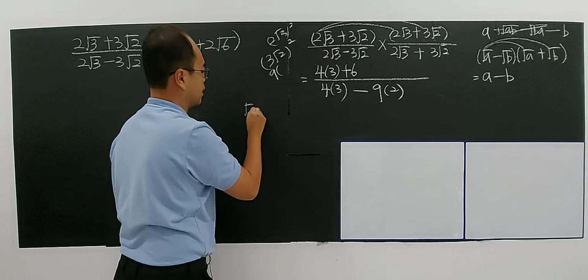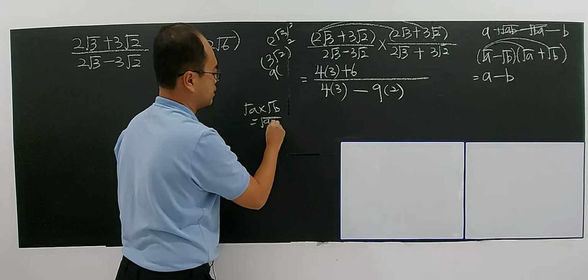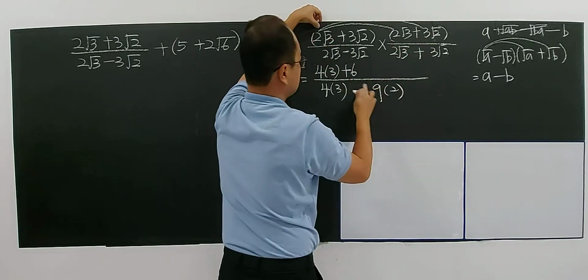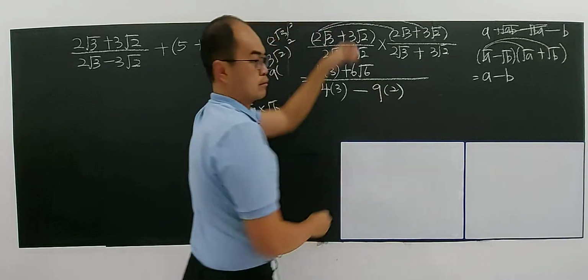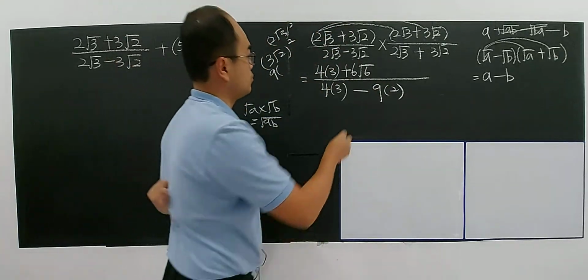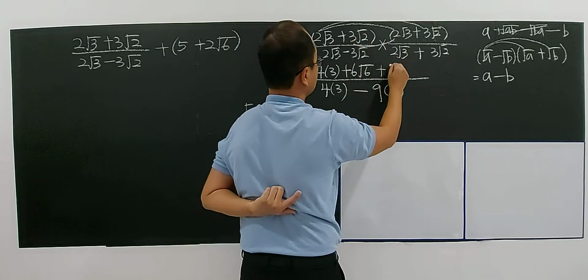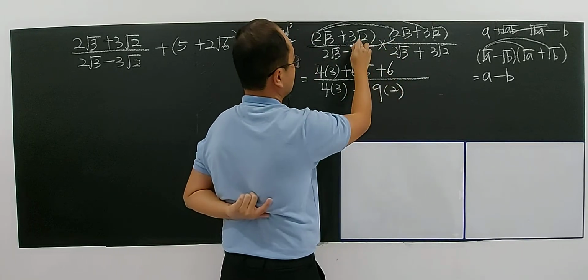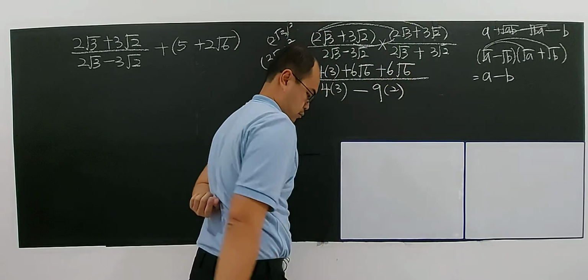Square root of a multiplied with square root of b is square root of ab, so you have square root of 6. Plus, now go for this: 3 times 2 is 6, and square root of 2 times square root of 3, you have square root of 6.